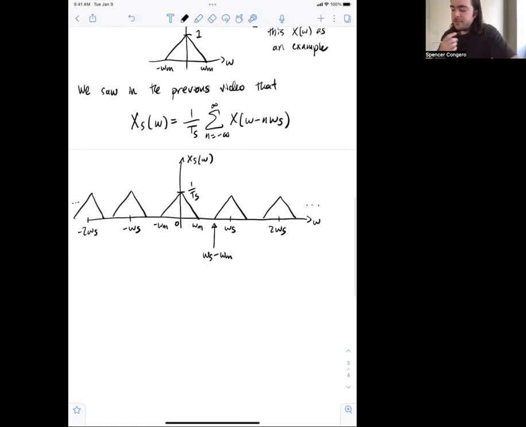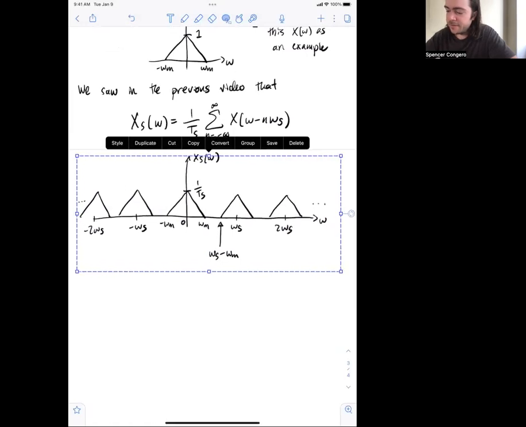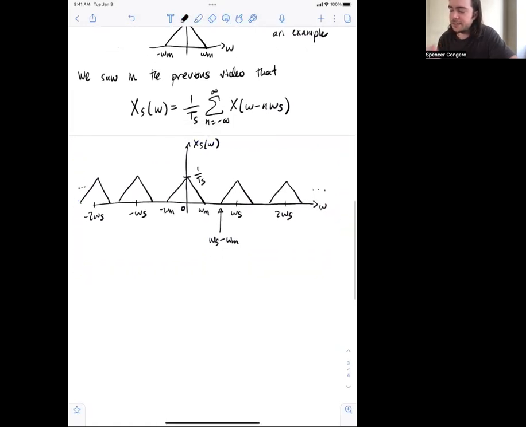Okay, so as I've drawn it, you can see that these triangles don't overlap with each other. They don't interfere with each other at all. It turns out that's going to be an important thing for us. We don't want these triangles to interfere with each other in the frequency domain. So let's look at the condition that would make that true. So there is no overlap.